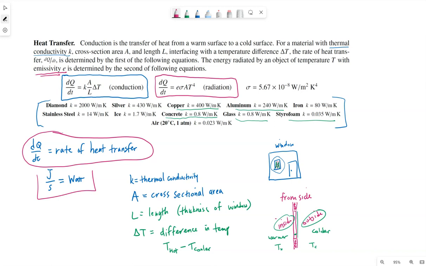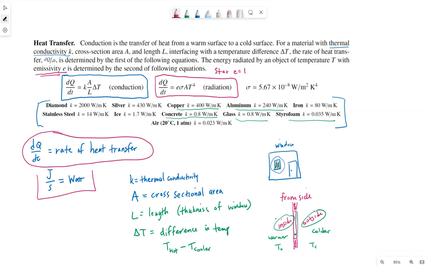It can be 1. Something like a star, like our sun, or a star out in the sky far away would have an emissivity of 1, meaning it's emitting all of the light it possibly can. Now, it's not all visible light per se. It's other forms of electromagnetic waves as well.